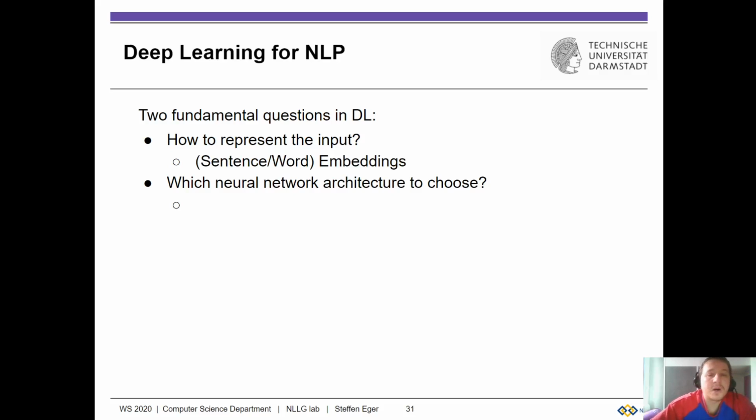When we talk about the representation, we're going to be talking about what has become very popular under the name of embeddings, and I will introduce those embeddings in just a few slides.